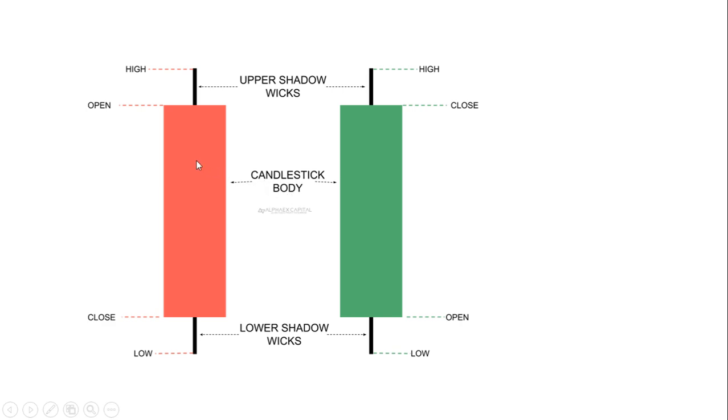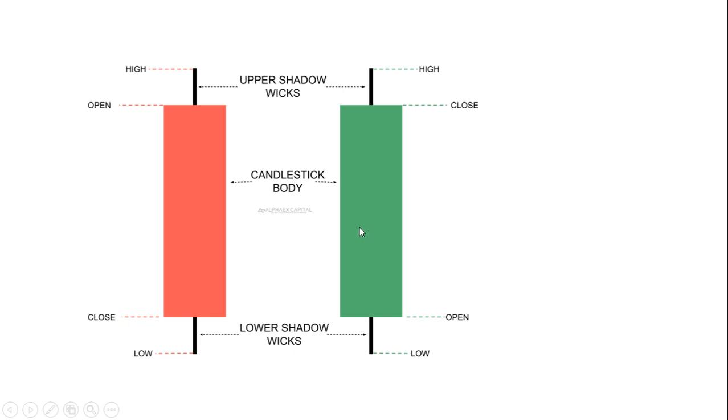Now, if you look at this point, this is where the candlestick opened, and this is where the candlestick closed. Meaning the candlestick opened at this point, and then went up a little to create this weak high, and then came down to this point to create this weak low, and then came back and closed at this point.